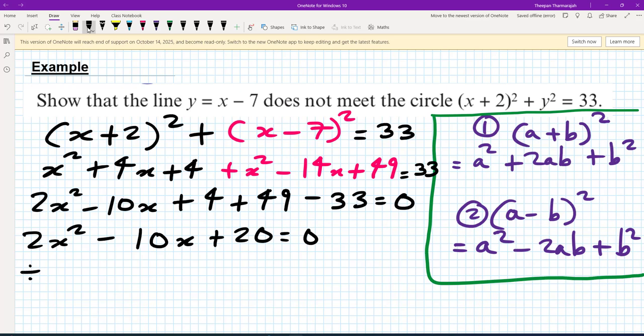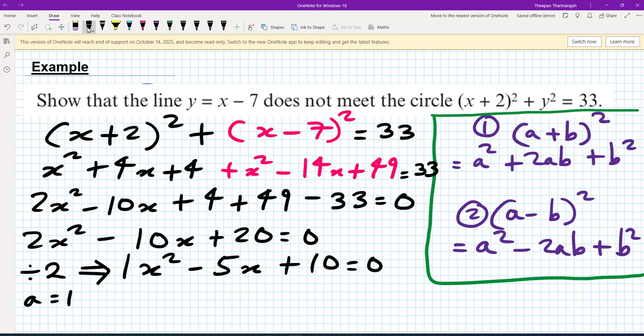So divide by 2. That's x squared minus 5x plus 10. Well, this can't be factorized. Don't forget it's 1x squared. So we're going to say a equals 1, b equals minus 5, and c equals positive 10.